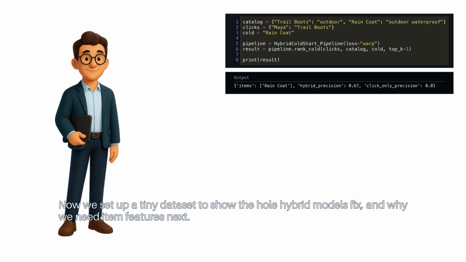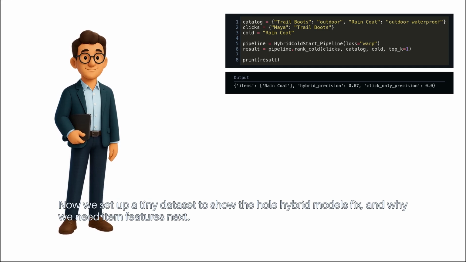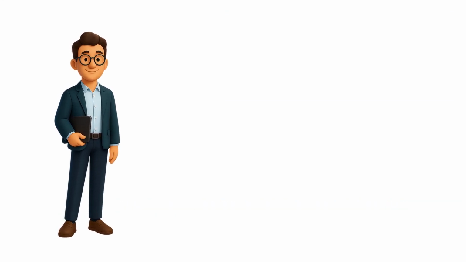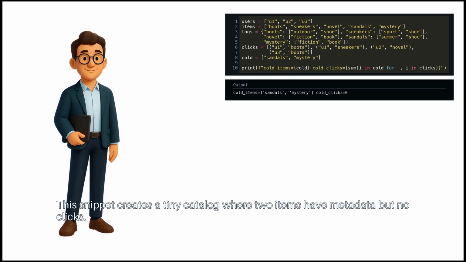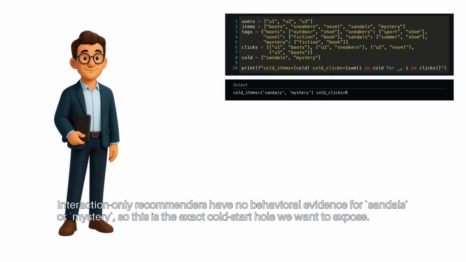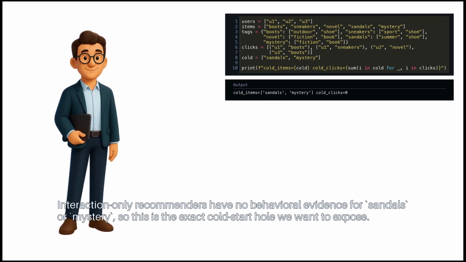Now we set up a tiny dataset to show the whole hybrid model's fix and why we need item features next. This snippet creates a tiny catalog where two items have metadata but no clicks. Interaction-only recommenders have no behavioral evidence for sandals or mystery. So this is the exact cold start hole we want to expose.